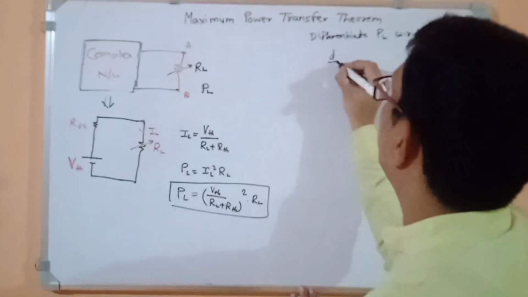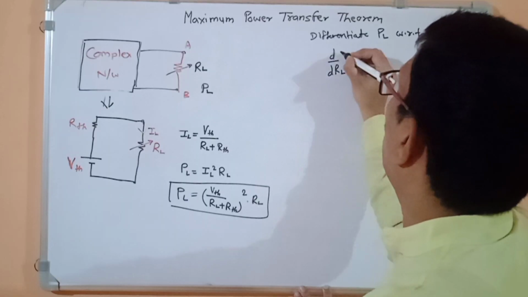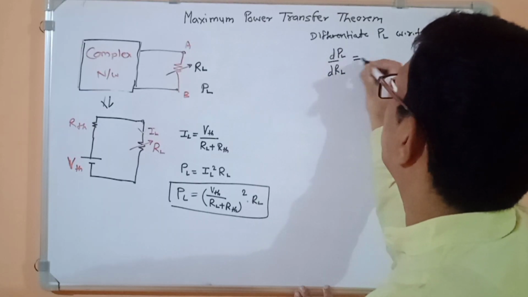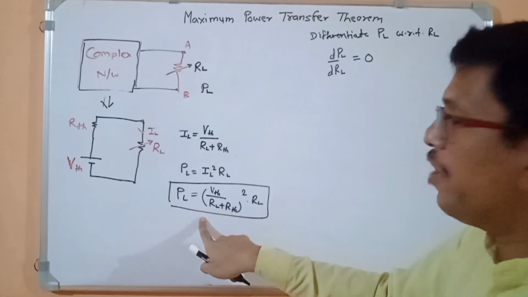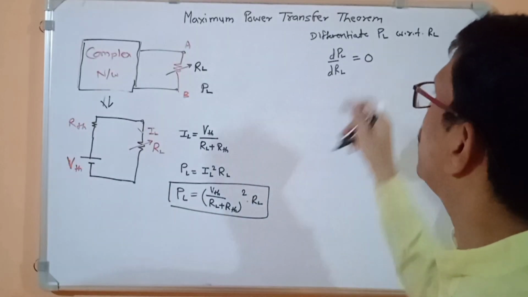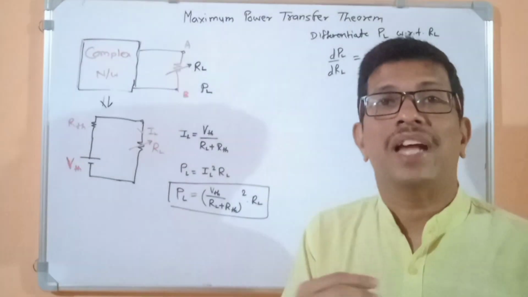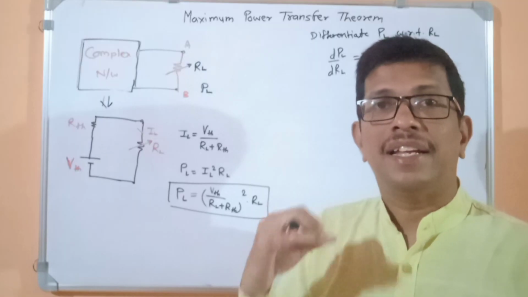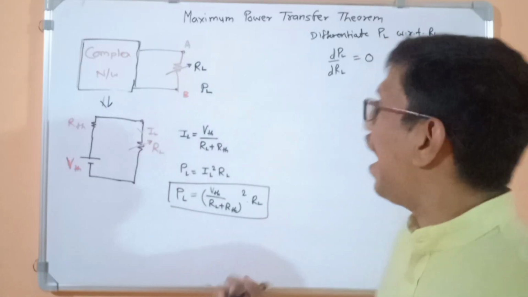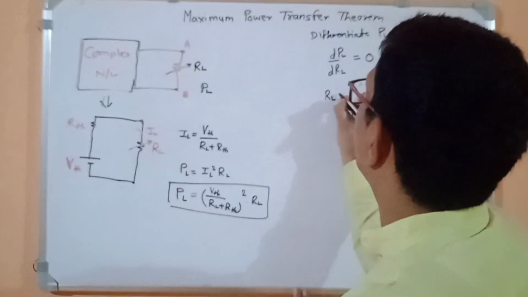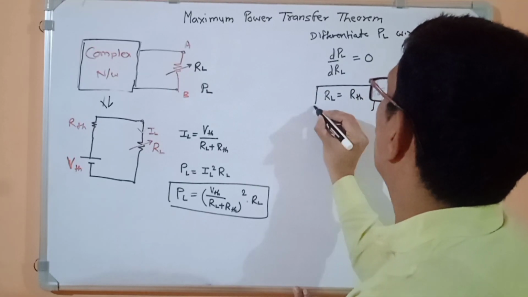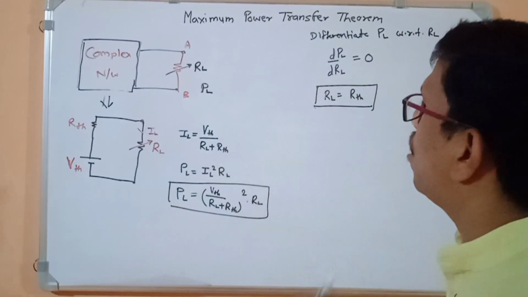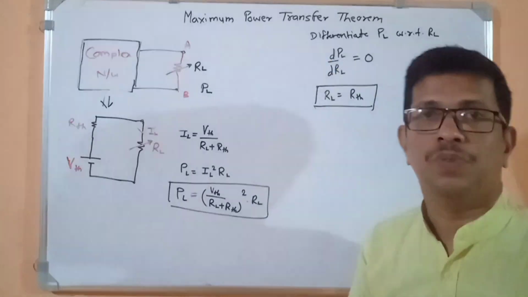So dPL/dRL must be compared to 0, and further you can solve. You will get the condition at the end as RL is equal to RTH. This is the condition we get after solving this derivative.